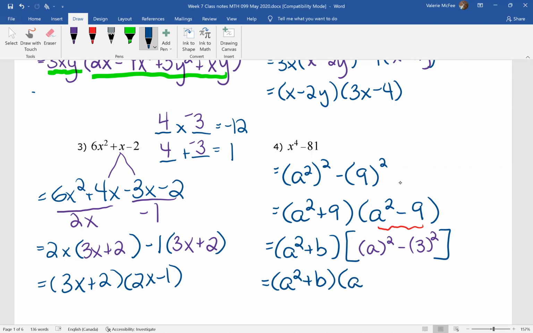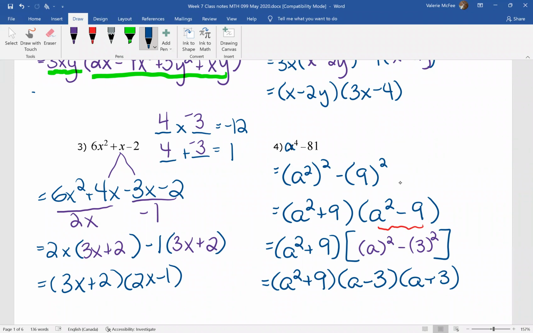I don't know why I've been putting a, it should be, and I don't even know why I put b here. It should be an x. Well, imagine wherever there's an a, it should be an x. x squared plus 9, and then x minus 3 times x plus 3.